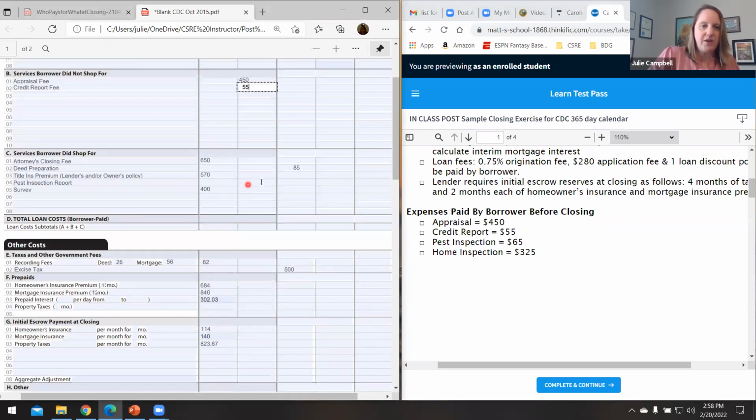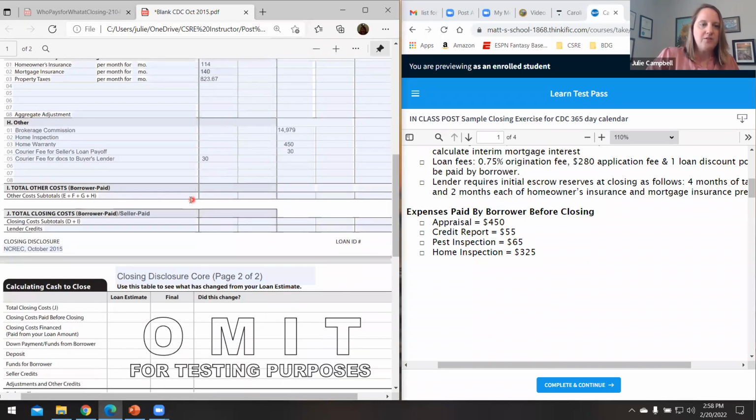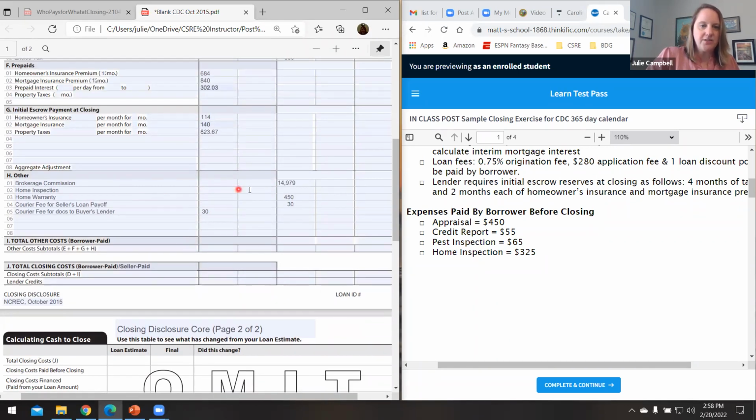You got the pest inspection for $65 under C as in cat. And then you got the home inspection under H as in Henry for $325. Paid before closing means the buyer's already paid it. As I just said, I don't care if you put it on or not, but if you do, get it in the right column.